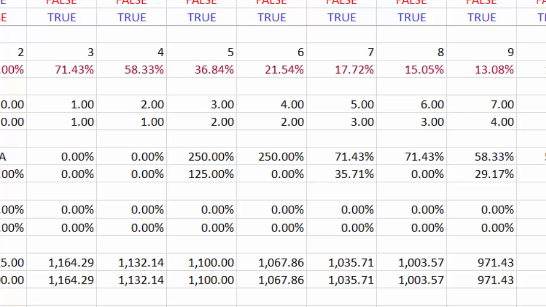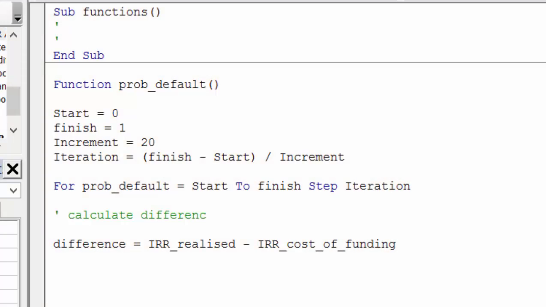As soon as this difference gets to negative, then we have to restart. So we put if difference is less than 0, then we do a lot of things.